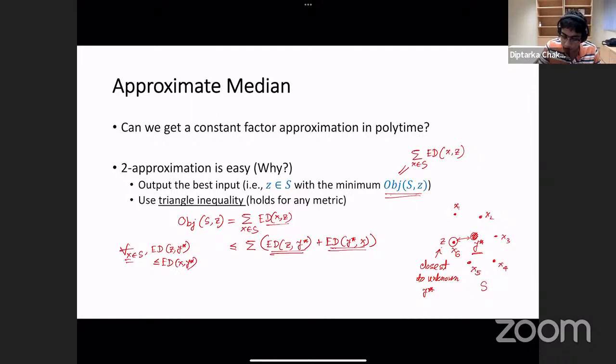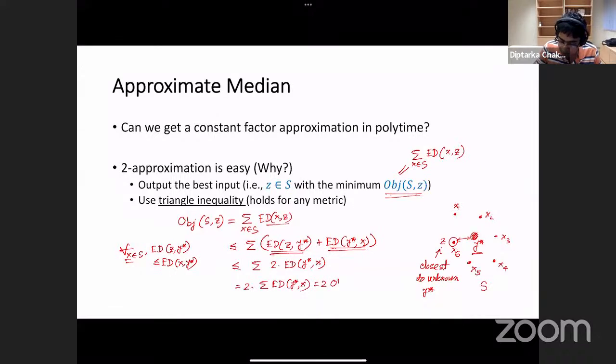So that's why now I can replace this quantity by twice y star to x. And this is essentially the objective value with respect to y star, and since y star we consider as the unknown median, this is essentially our opt.